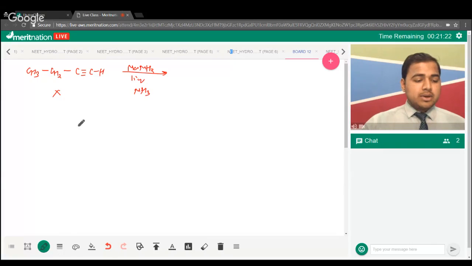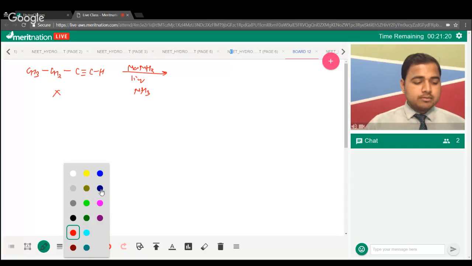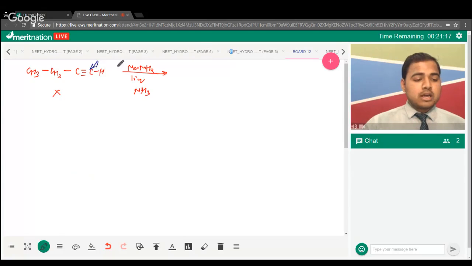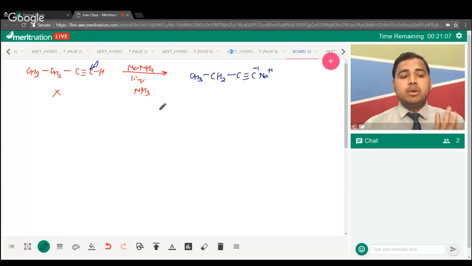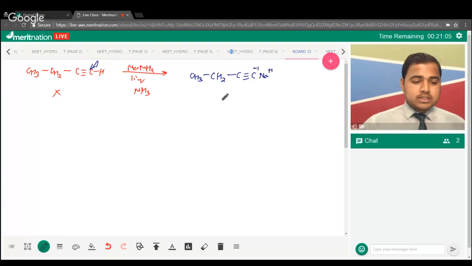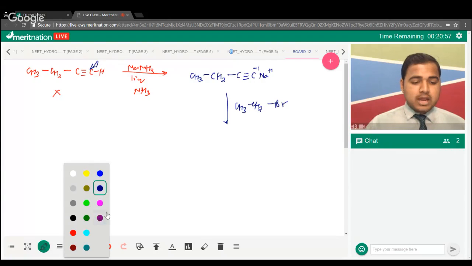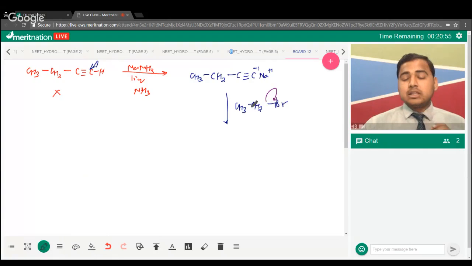Once again, this bond is going to break towards the carbon, and it will form CH3CH2 C triple bond C negative, and this is the Na positive, and ammonia will be formed. Now once again, we are going to react with the CH3CH2Br, and this bond is going to break towards the bromine, because bromine is more electronegative, and this carbon gets the positive charge.